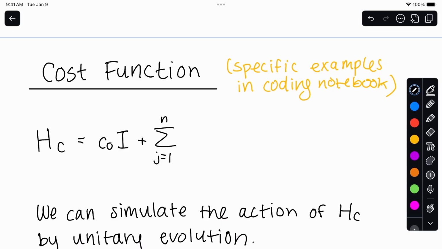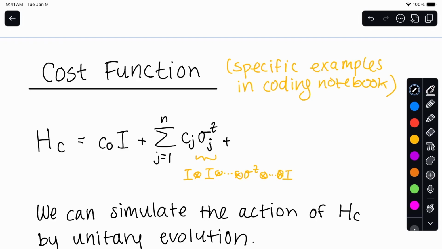if there are n sites, n qubits, some coefficient Cj times the Pauli Z, sigma z, at the jth site. When I write down something like this, I'm implicitly saying we have the identity, tensor the identity, etc., and then at the jth spot, we have a sigma z, and so on.